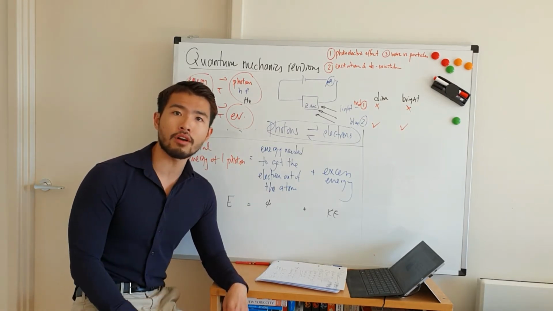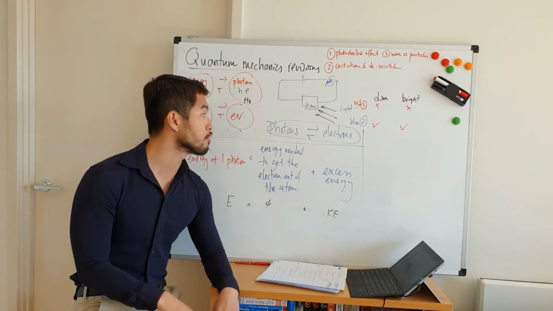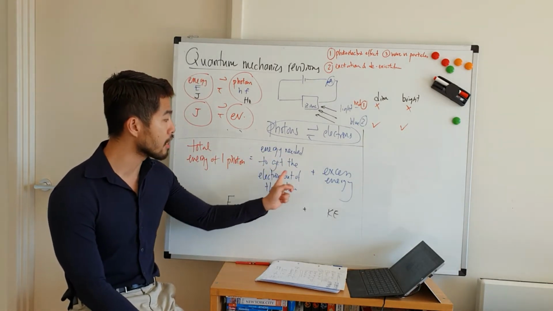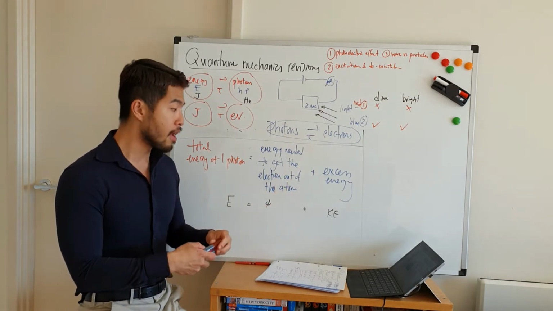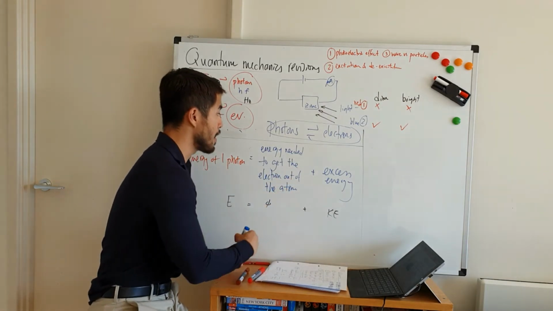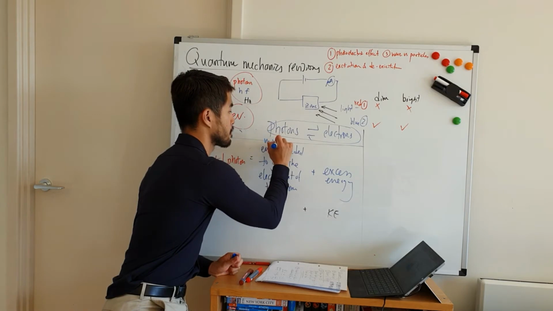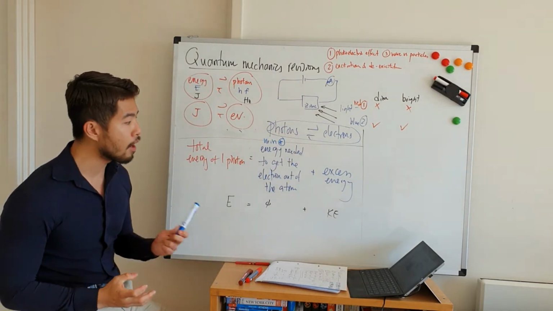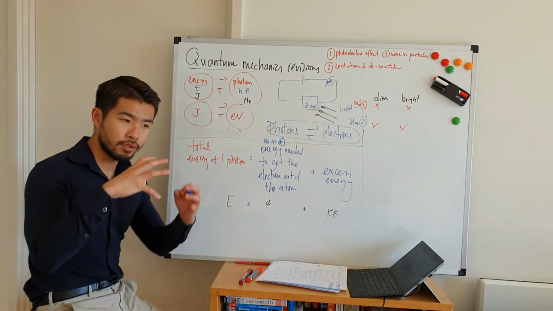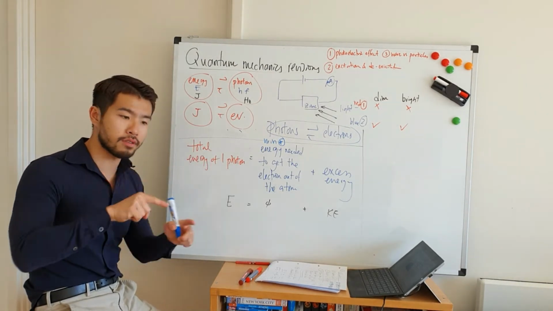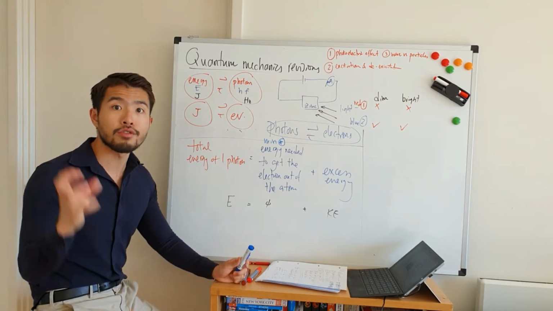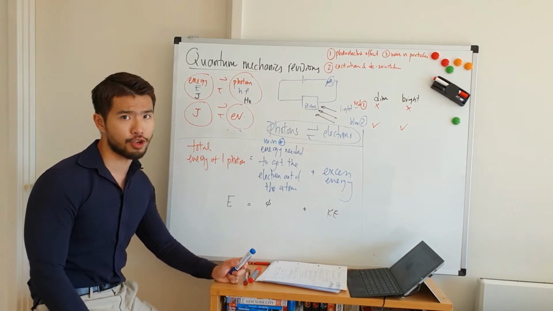Because we have a concept called work function. Work function is the energy needed to get the electron out of the atom. It's not just that, it's the minimum energy needed to get the electron out of the atom. So imagine you've got an atom with electrons around it. In order to free the electron, you need to give it a minimum amount of energy.